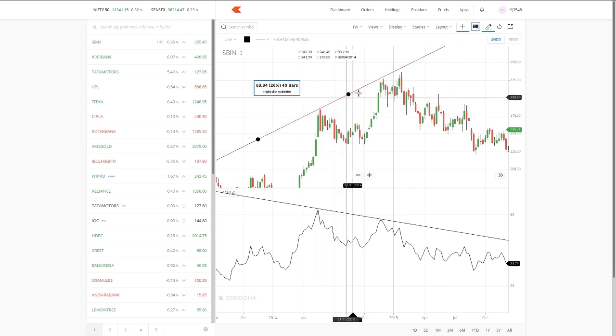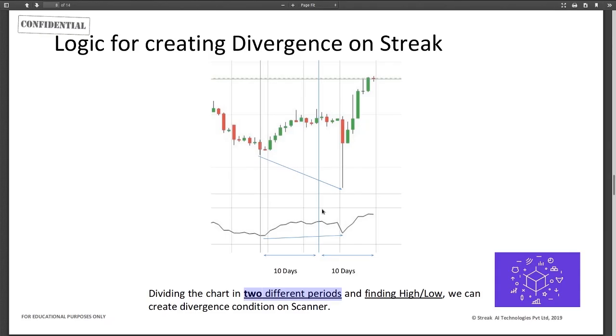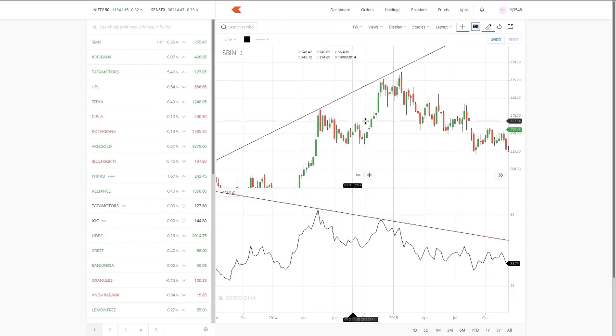If you connect the highs which are being formed, a higher high is being formed, whereas in this scenario a lower high is formed, which indicates a bearish divergence.